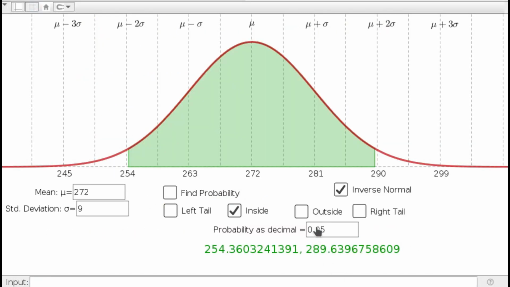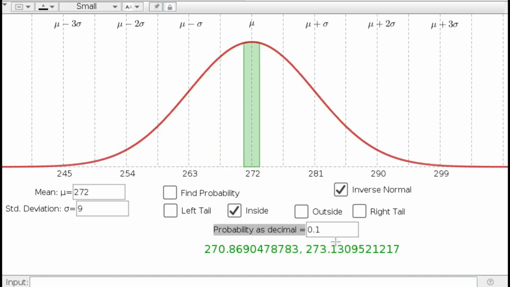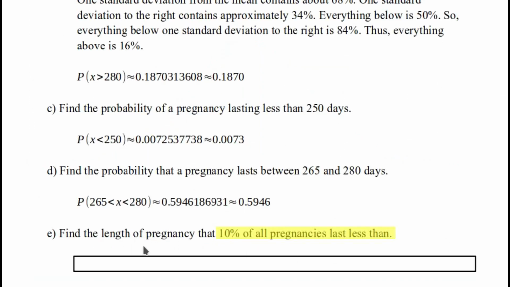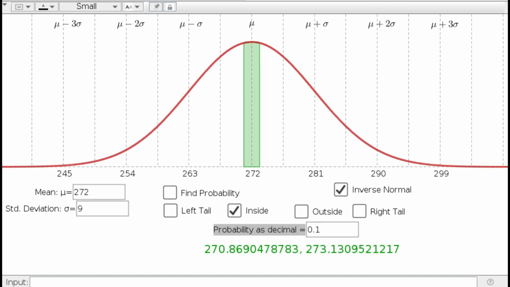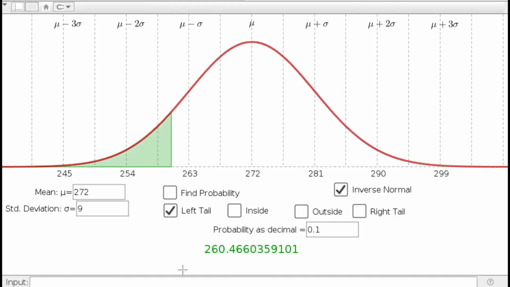We're going to enter that as a decimal, namely 0.1. And then we're going to ask the question, we're interested in 10% of all pregnancies last less than. That means that we're interested in talking about being less than that.